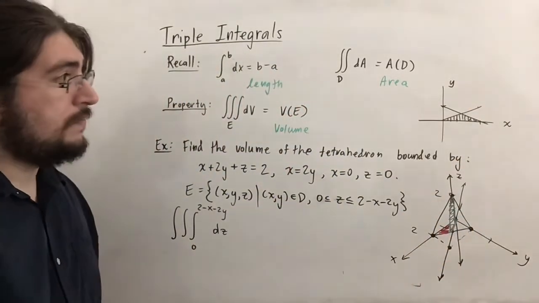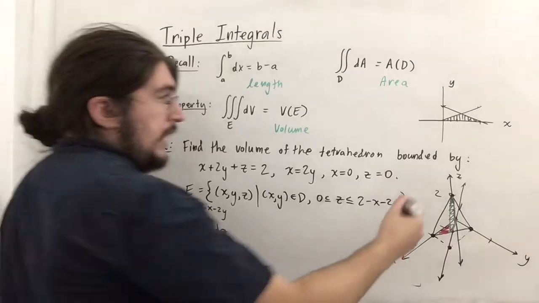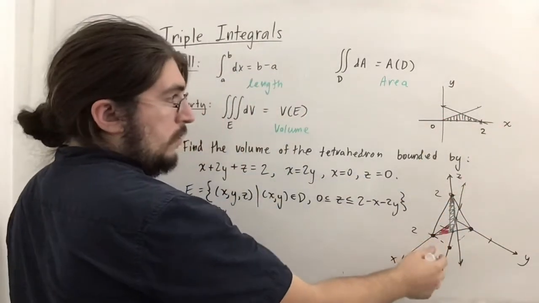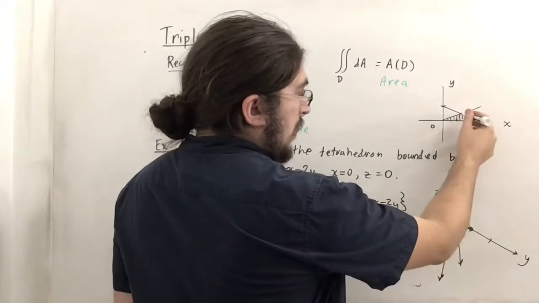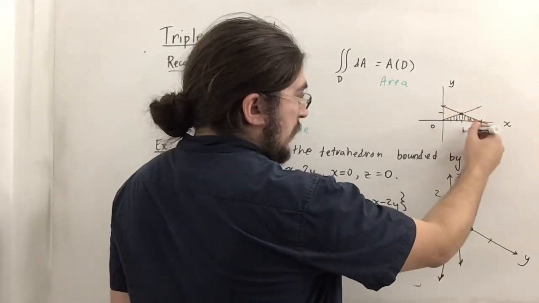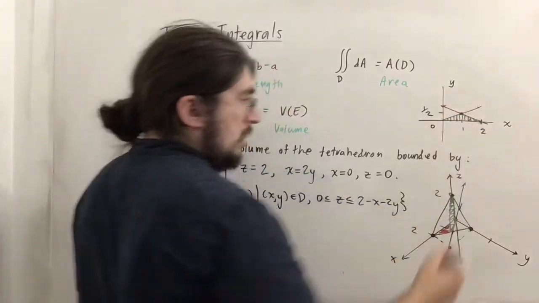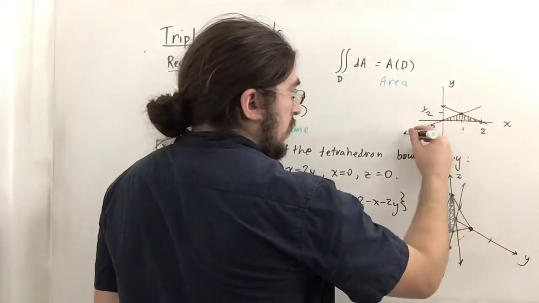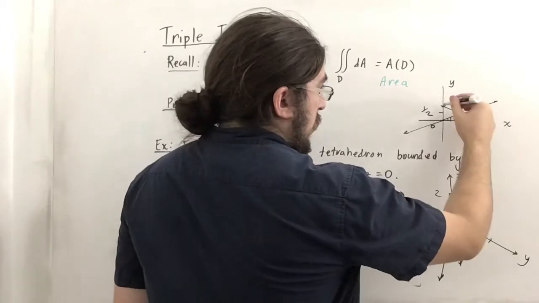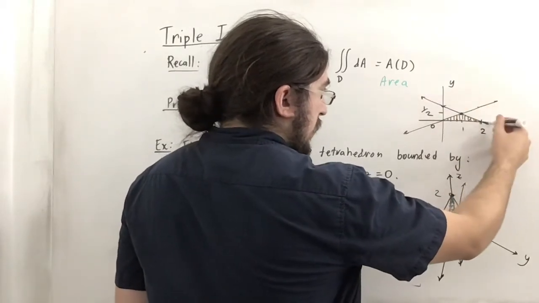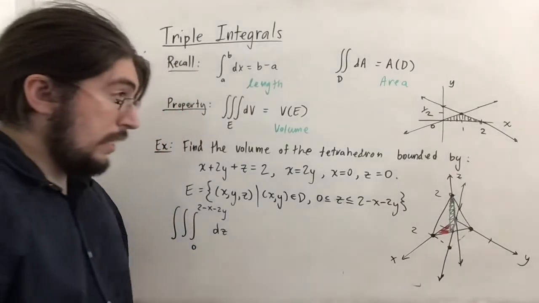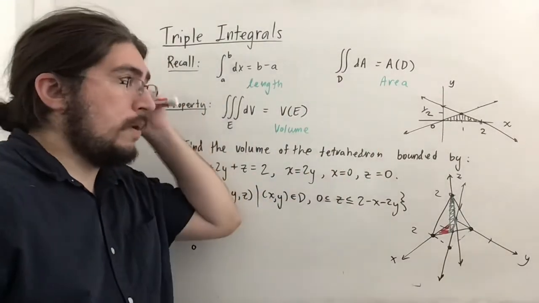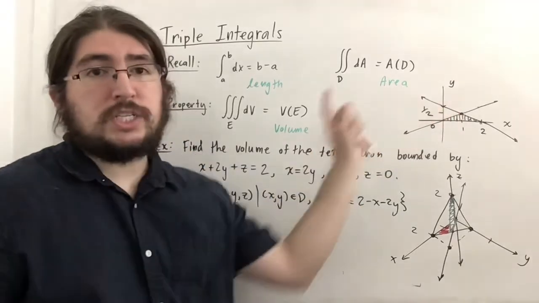So now what we can say is x is going to be in between 0 and 2. Notice it indeed crosses through x equals 2. And this point looks to be like the point (1, 1/2), just from symmetry. I mean, we can tell because we know what these lines are. Oh, and you know what? What's really nice about this, maybe it's actually not nice, is that this ends up being a type 2 region, not a type 1 region, because on top we have 2 functions, not just 1.